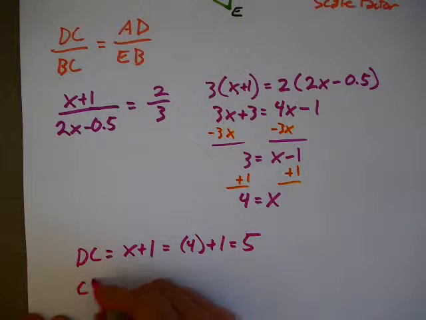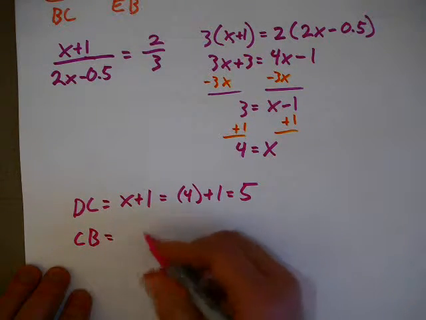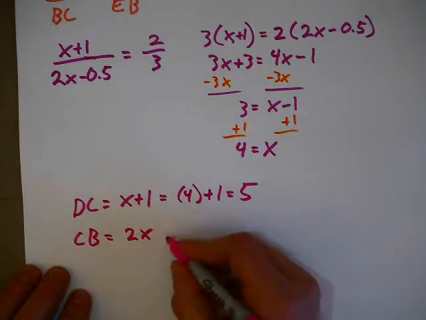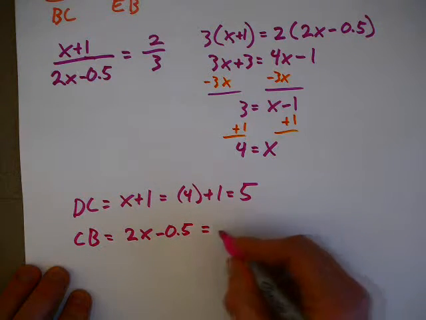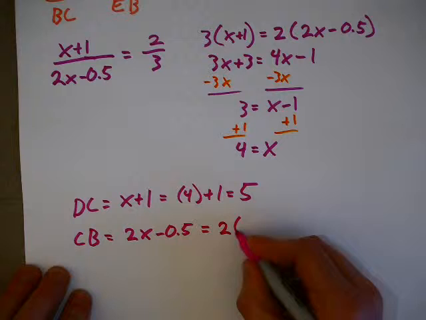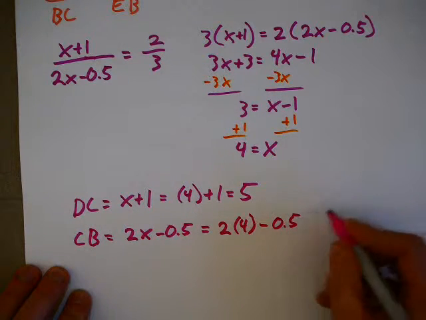And CB equals 2x minus 0.5, or half. So it's going to be 2 times 4 minus 0.5.